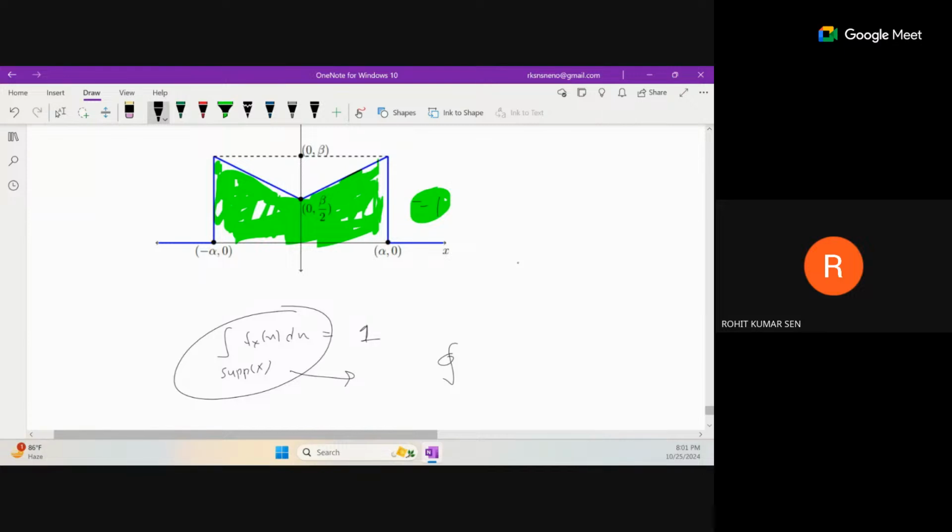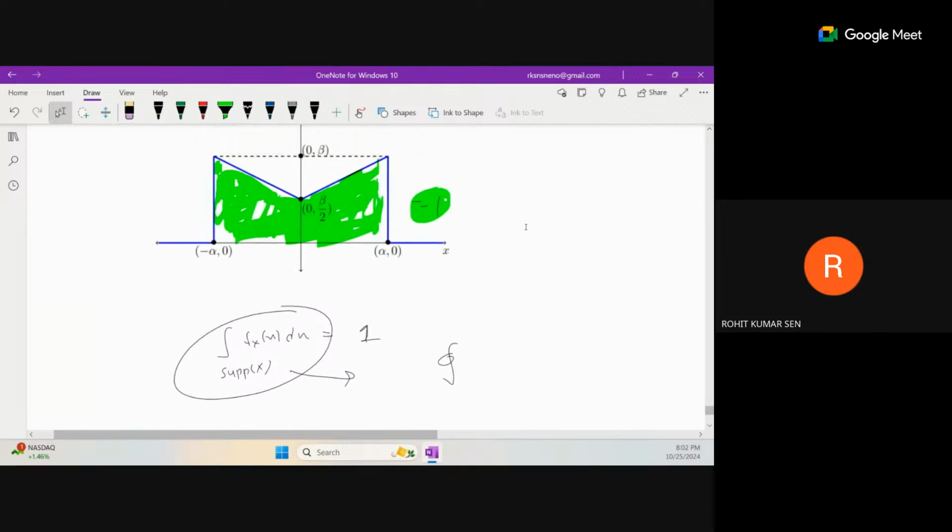So instead of doing integration, I will find the area, because integration is a little bit complicated, and if you see, it's just simple geometry. You can easily find the shaded area. It will give me some relation because it will be equal to 1.